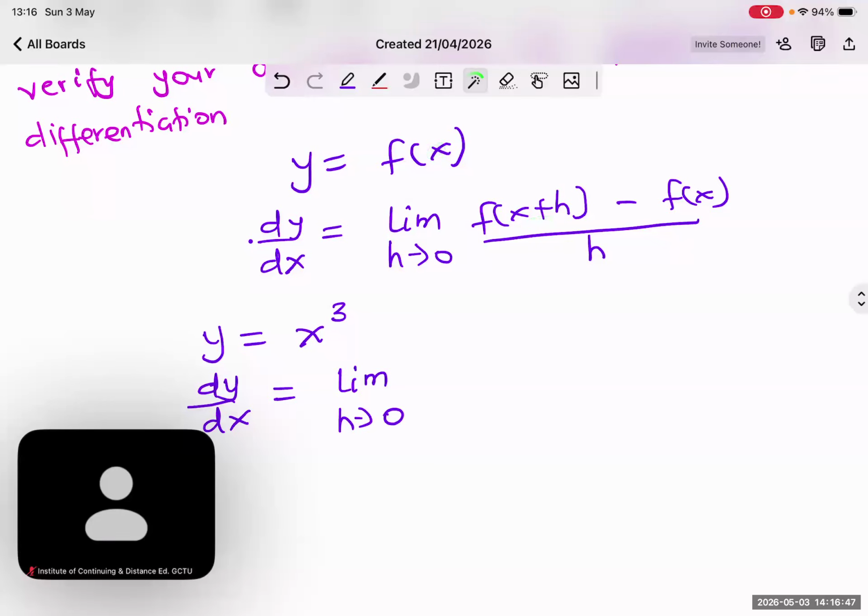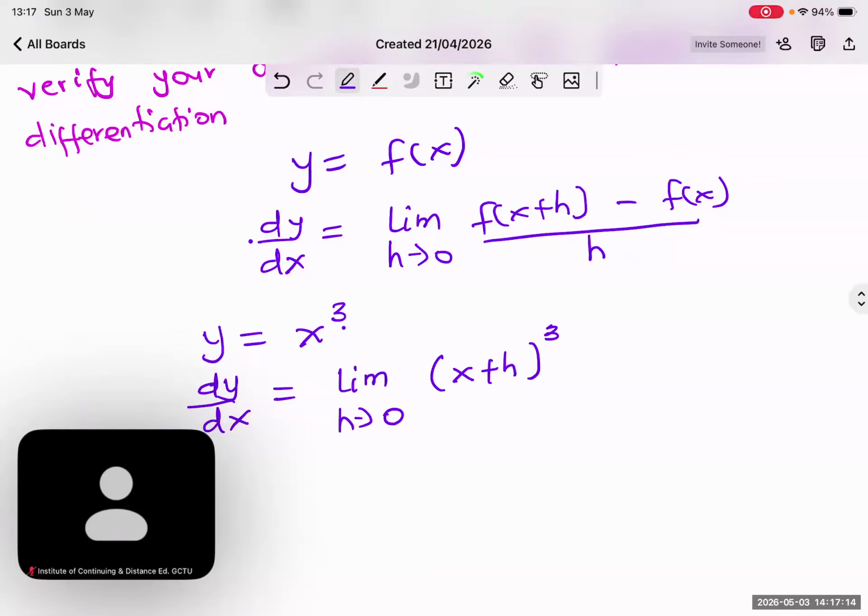So to write the second part of the formula, using this function here, it means that we are going to go into the function, remove the x, and put x plus h there. But since the x is raised to the power 3, for the second part we'll have x plus h. But the function is not just x, it is x raised to the power 3.